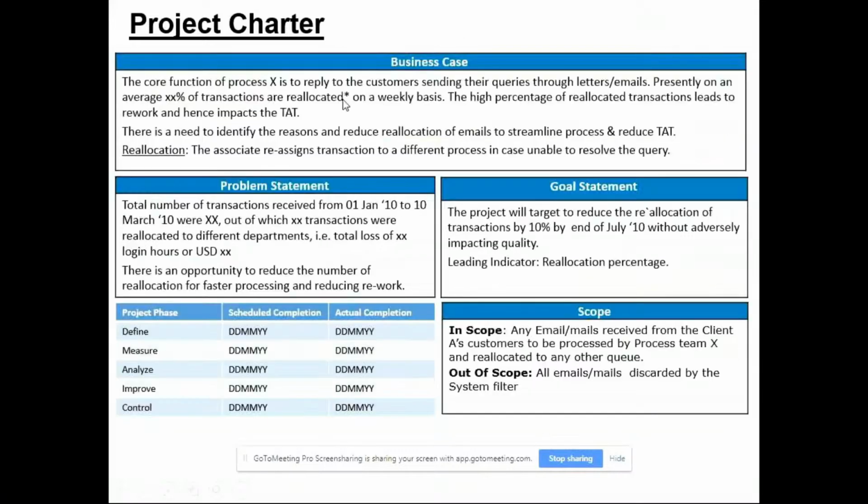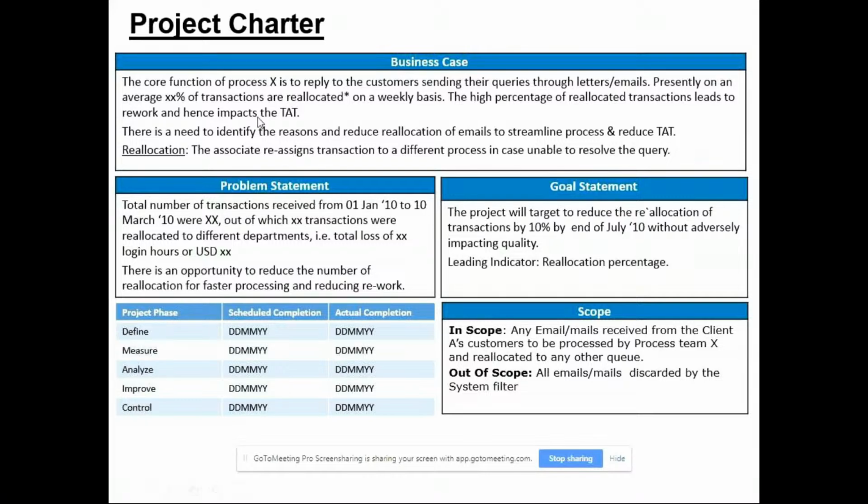On an average, this percentage of transactions are reallocated on a weekly basis, and this high percentage of reallocated transactions leads to rework, hence impacting the turnaround time. So there's a need to identify the reason and reduce reallocation of the emails to streamline the process and reduce turnaround time. And what is reallocation? Reallocation is when the associate reassigns the transaction to a different person in case they are unable to resolve the query.